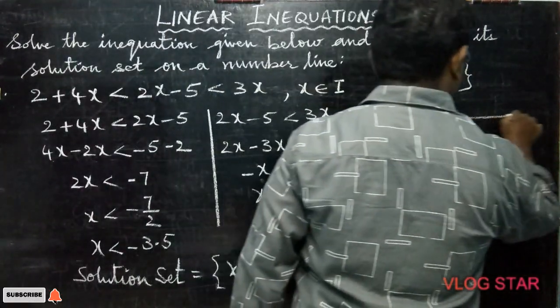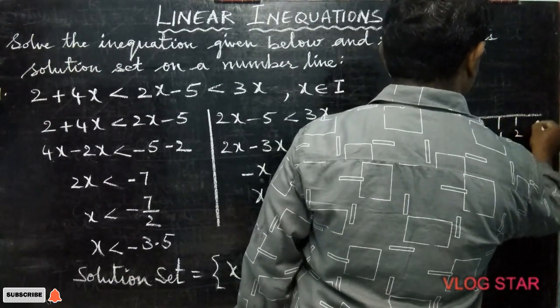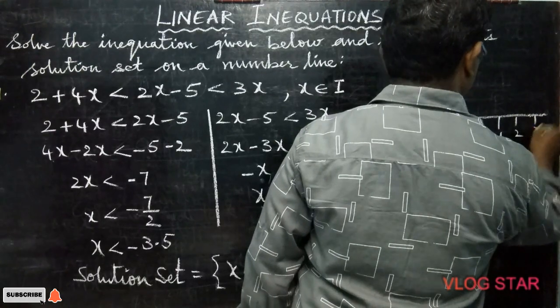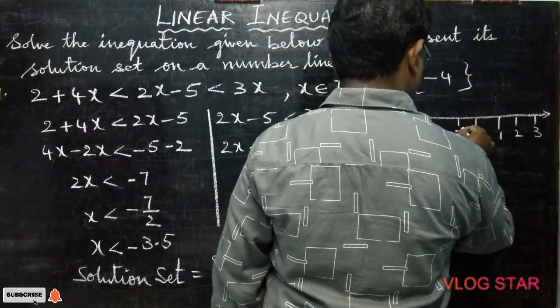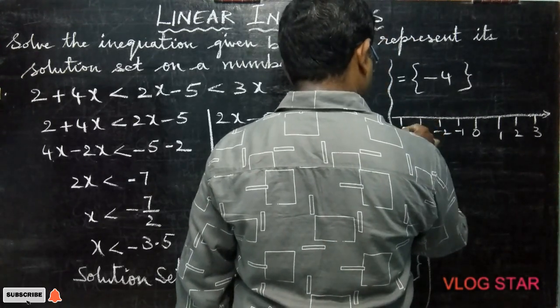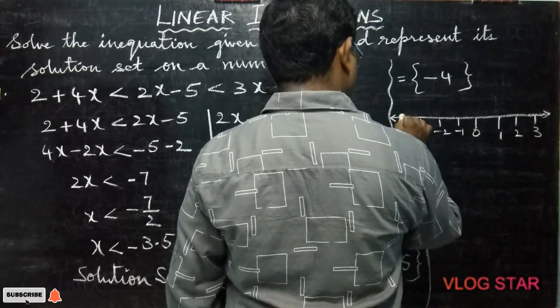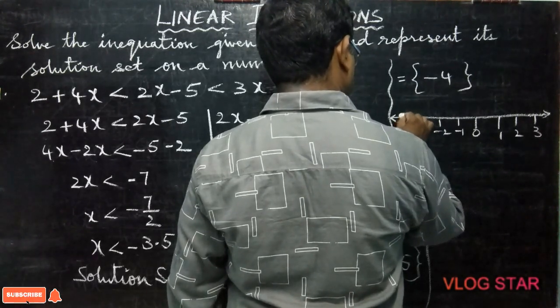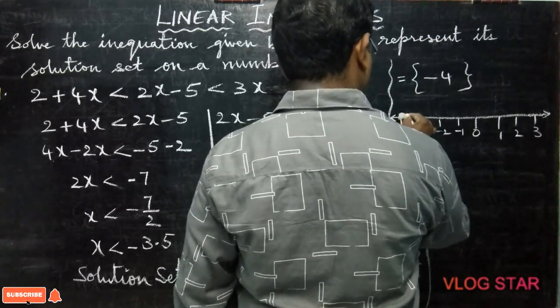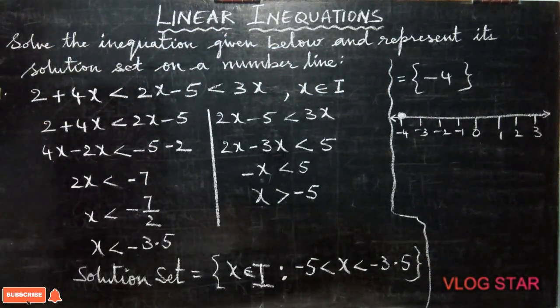So represent on the number line: 0, 1, 2, 3 and so on, here minus 1, minus 2, minus 3, minus 4 and so on. So here minus 4 is there. Keep a solid ring. That's all. This is the way of representing on a number line.